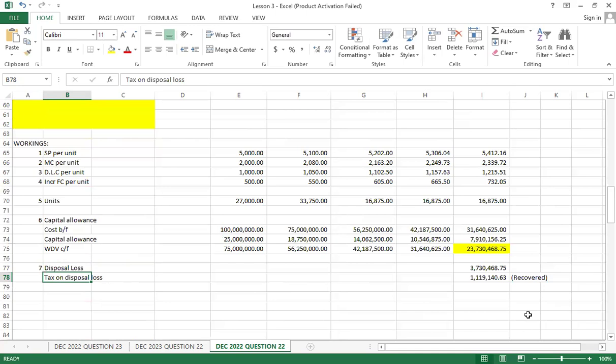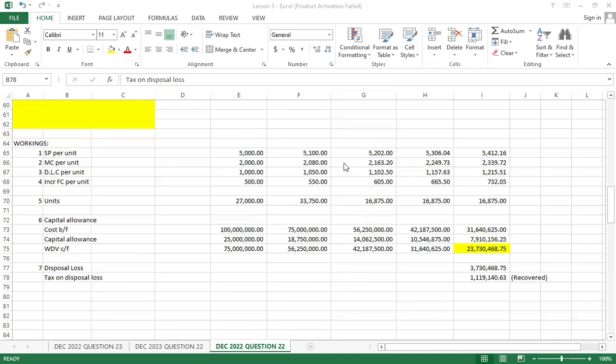All right. Is there any question on that? Is there any question to that point? A question? Yes, this is Meshach. Yes, Meshach. So this tax that's being recovered, are we supposed to add it to our cash flow in the 5th year?